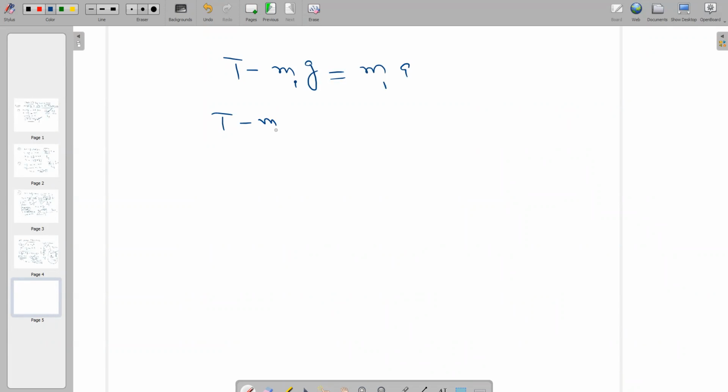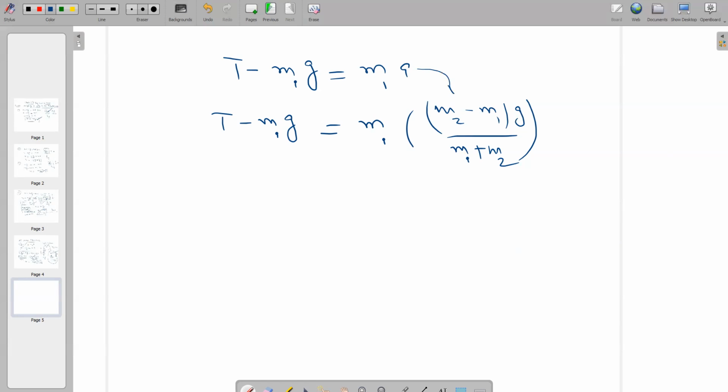So T minus M1G is equal to M1 times A, and the A value is M2 minus M1 into G divided by M1 plus M2. I just put the value of A, which we have found previously.